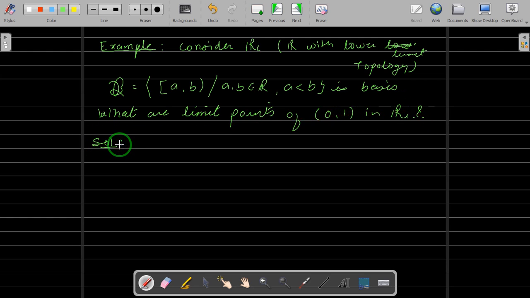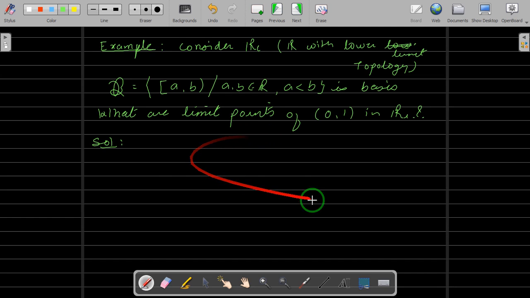You pause the video and try to find the answer. Try to get the derived set of the open interval (0, 1). But again, remember here, what are your basic open sets? Neighborhoods. Based on that, you apply your definition of the limit point and try to get all those limit points, and the set which contains all the limit points is called the derived set of the given set.